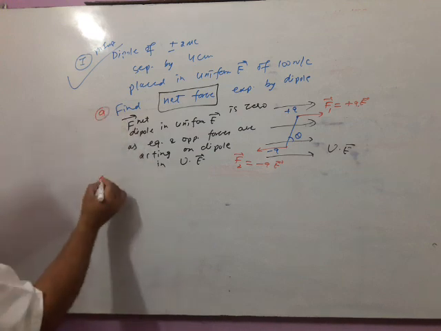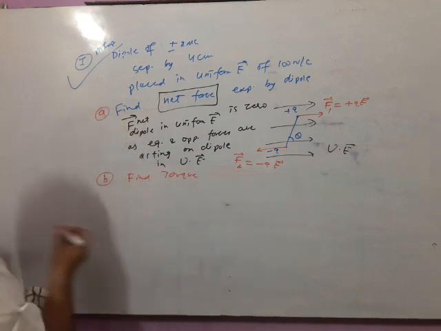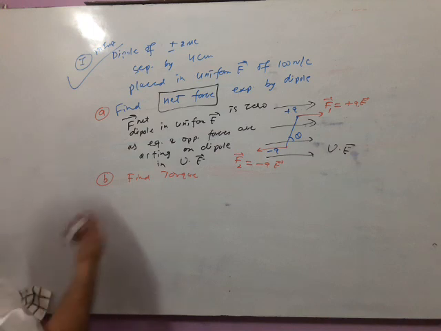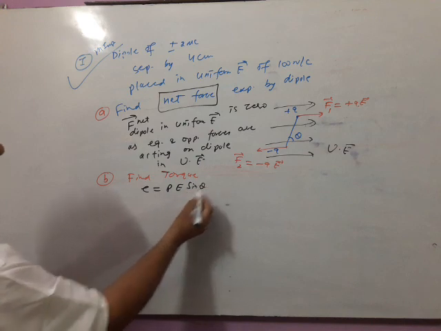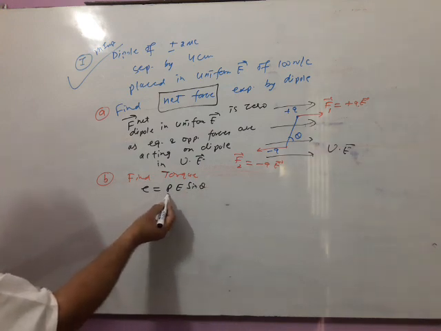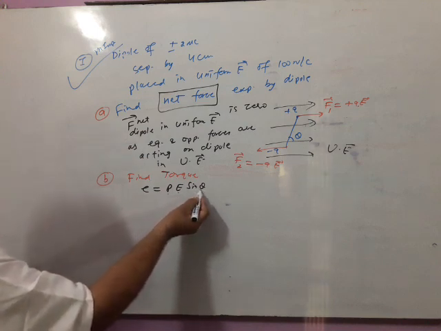But if he says find torque, then it is a separate question. Then you will have to write torque is PE sin theta. You know how to find P? Mod of charge into distance, electric field given. This angle will be given.